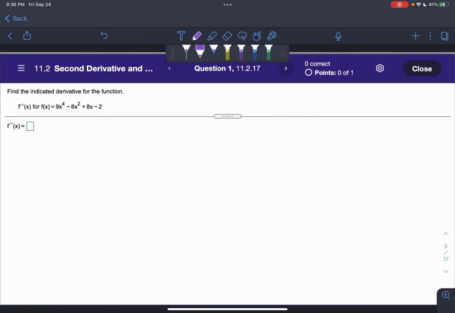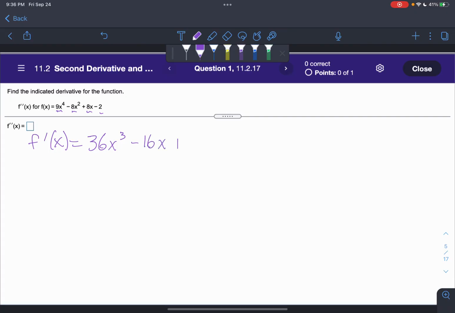Okay, so here we just need the second derivative. So let's take the first derivative of f. We can break it apart term by term because of the sum and difference rule. 36x to the third, right? Power rule, minus 8 times 2 is 16.